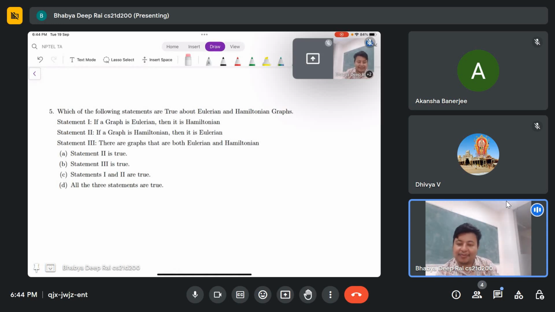There are graphs that are both Eulerian and Hamiltonian. So which of these statements are true? So think about it. Maybe try making examples. So what is the relationship between Eulerian and Hamiltonian graphs, or do they even have a relationship or not?